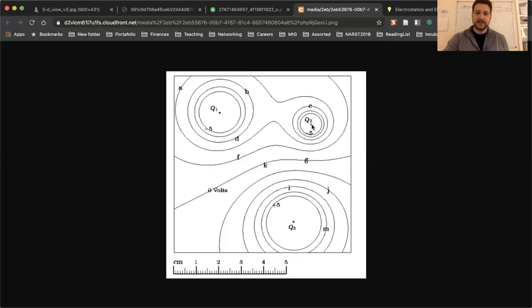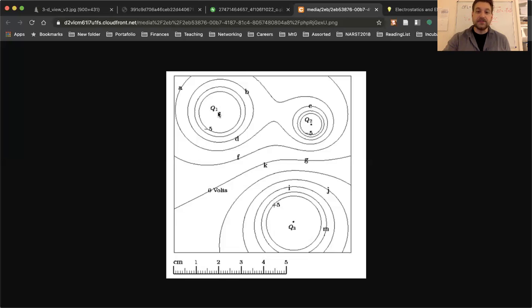Q1, Q2, Q3. Here's a contour labeled -5. Here's a contour labeled 0. Here's a contour labeled +5. It looks to me like Q3 is positive. That's an uphill.